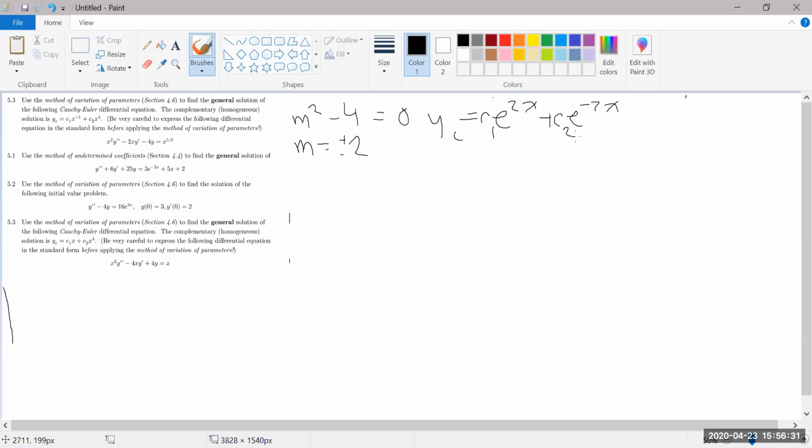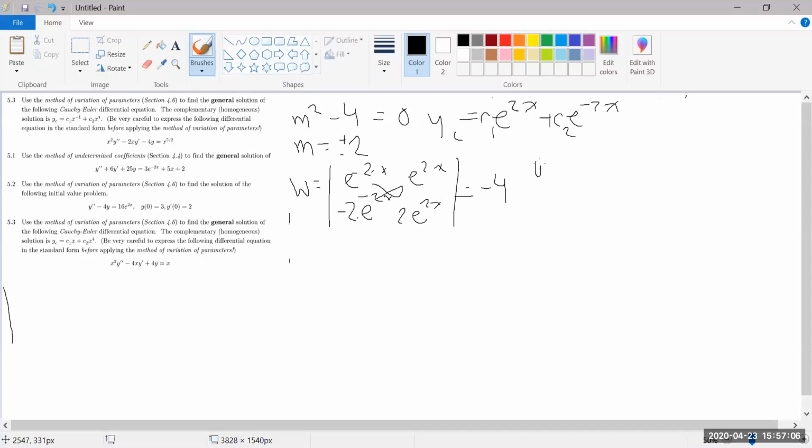Okay, now that we have our complementary solution, we can start solving using the variation of parameters. So the first thing we're going to do is take the Wronskian. So we have e to the negative 2x, e to the 2x, negative 2e to the negative 2x, and 2e to the 2x. Okay, and when you calculate this, you're going to get negative 4.